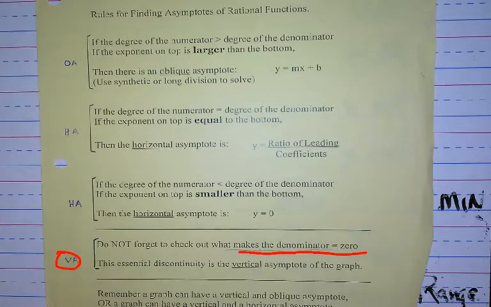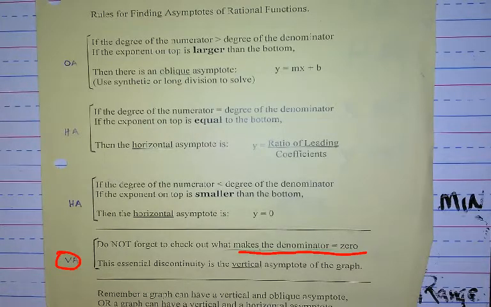Now, whenever we deal with horizontal asymptotes, we have to worry about whether the degree of the numerator, that's the exponent on top, is smaller than the degree of the denominator, or equal to the degree of the denominator, or greater than the degree of the denominator.